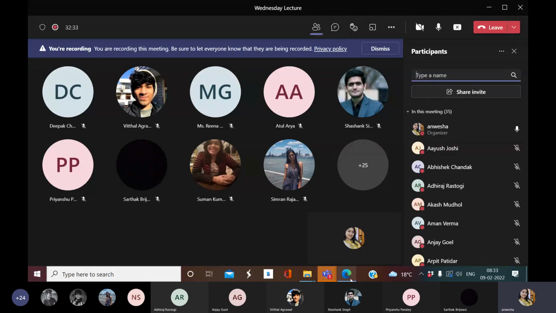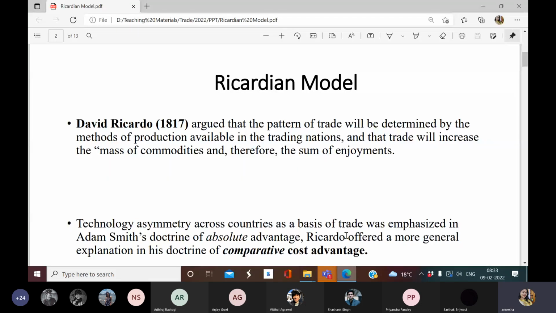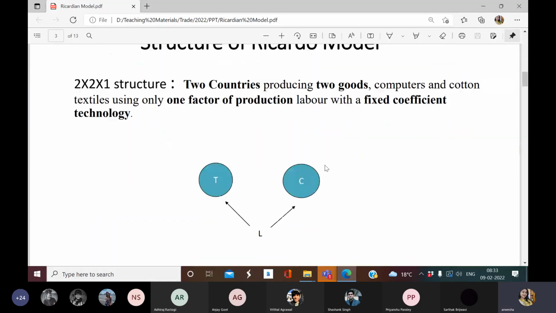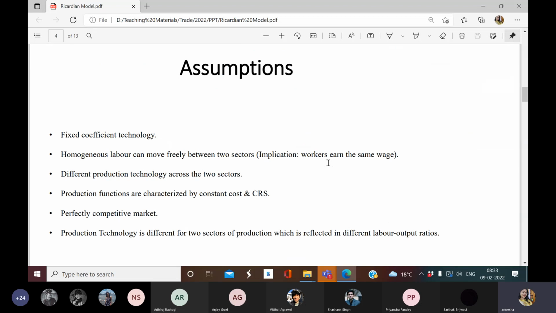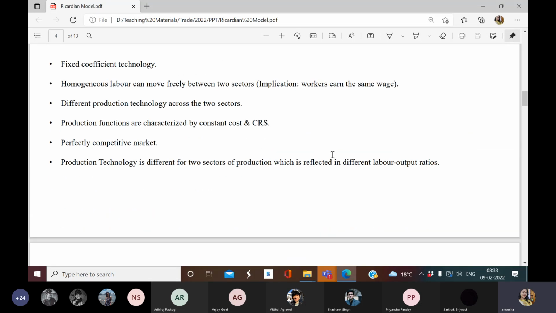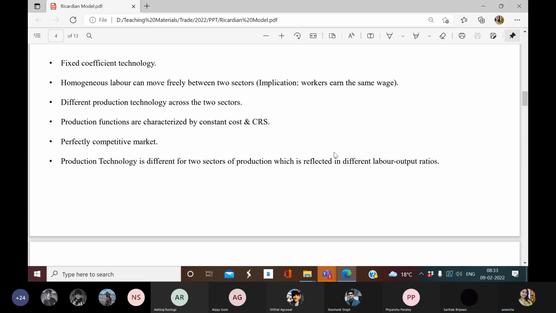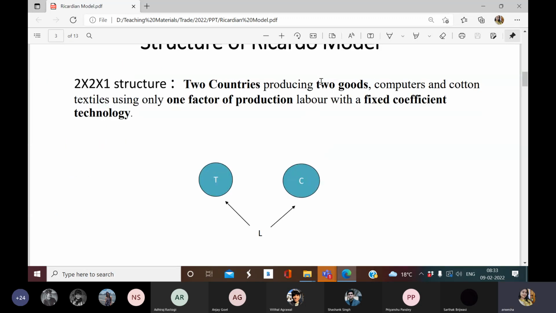Now we have already discussed the assumptions, so I'm not elaborating again. We have all the standard neoclassical assumptions. So we have 2 by 2 by 1: two countries, home country and foreign country, producing two goods using one factor of production.